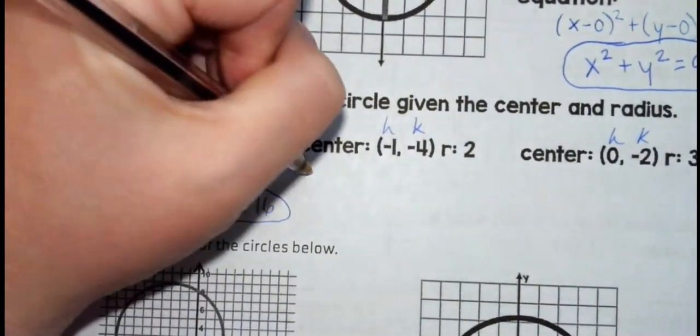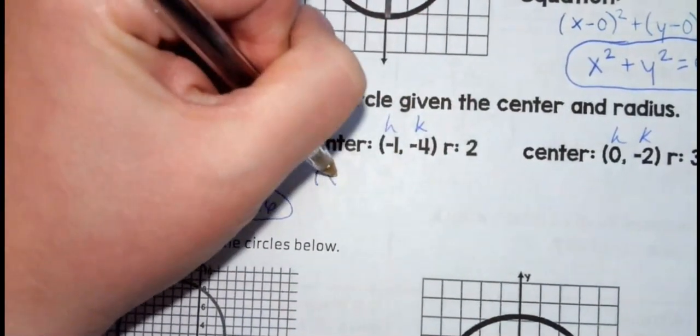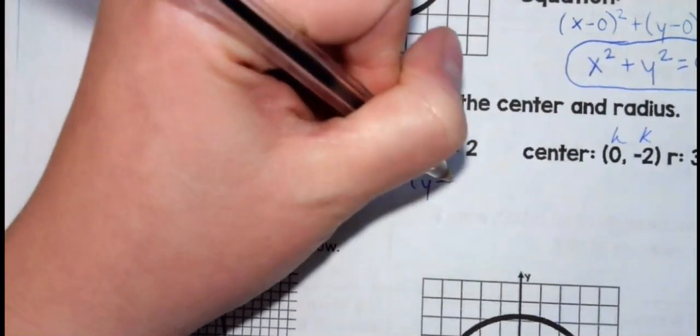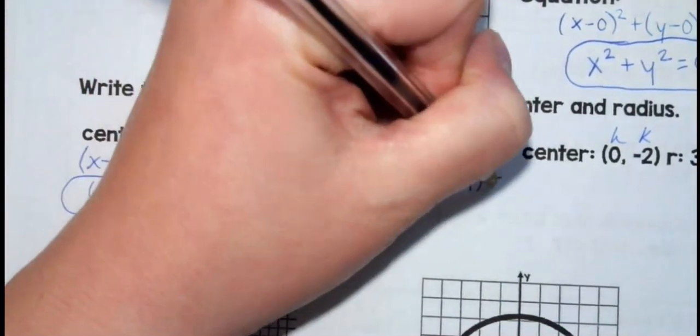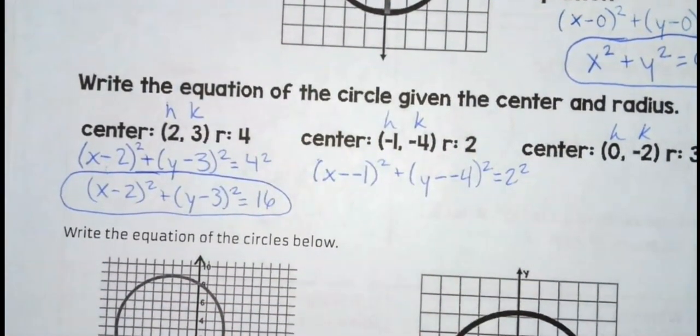Okay, what does this look like? When we have a negative, like a negative 1, it's x minus negative 1 squared plus y minus negative 4 squared equals 2 squared. So I'm not expecting you to do this every time where you're writing this out and then having to rewrite it, but I am showing you on the notes what is happening.